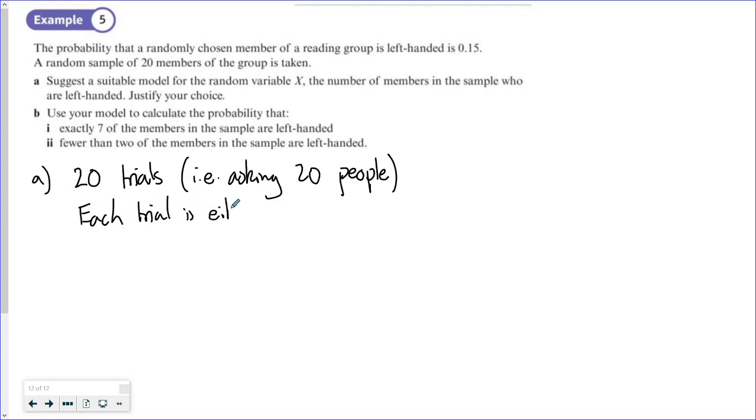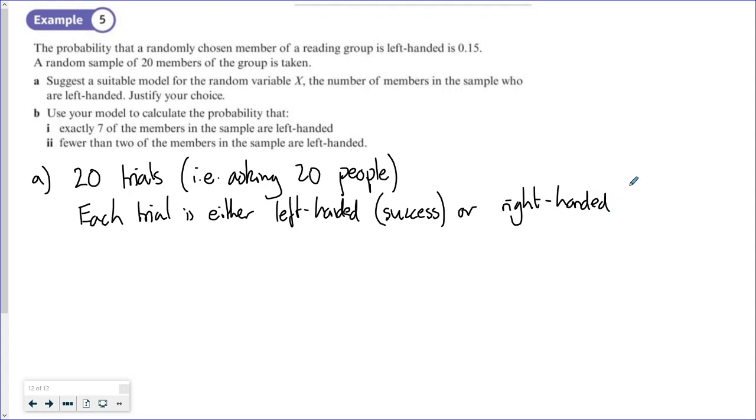Each person is going to either be left-handed, and because we're counting the number of left-handed people, we're going to say that that's a success. Or they could be right-handed, and because we're not counting the number of right-handed people, that would be what we've called failure up until now.